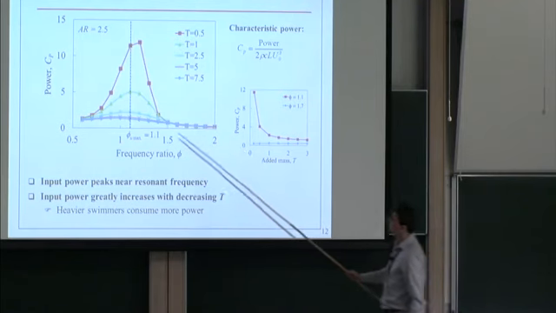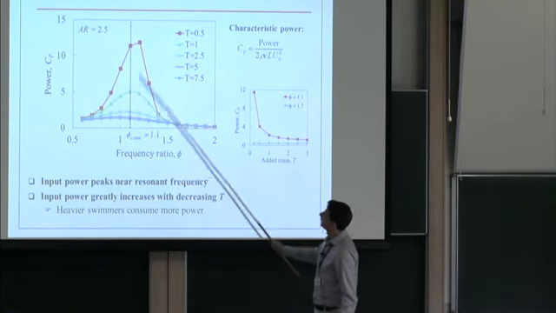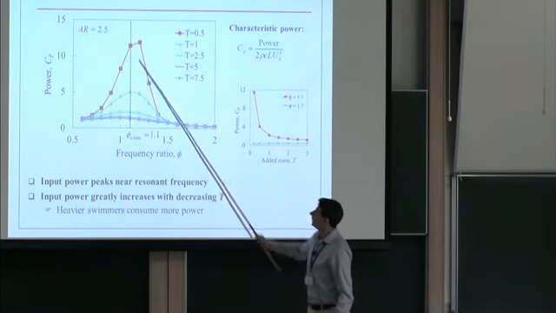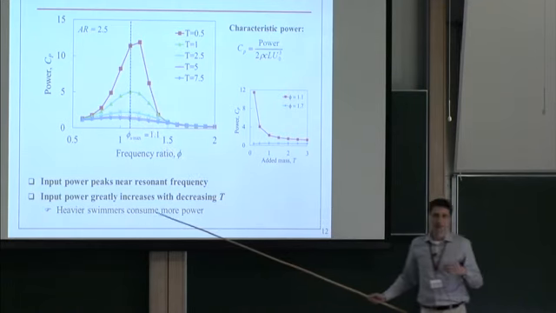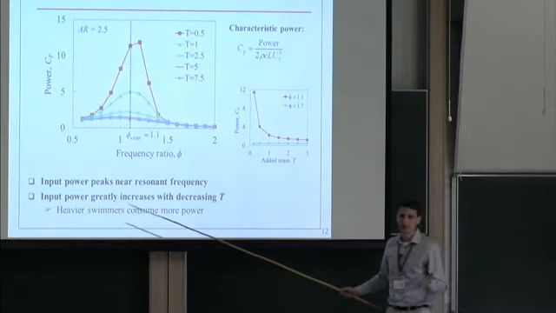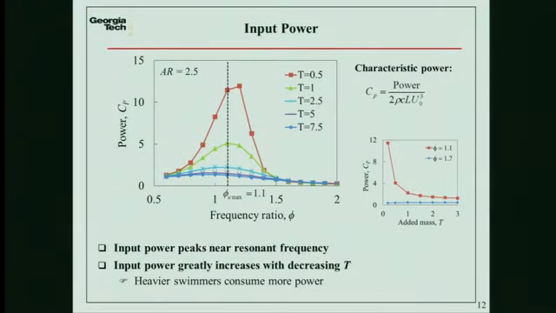And you can see that the difference in velocity between these two swimmers is maybe 50%. The change in power is more than 1.5 orders of magnitude, right? It's like 20 times or something like that. So it is a really dramatic change when we increase the mass of the swimmer.